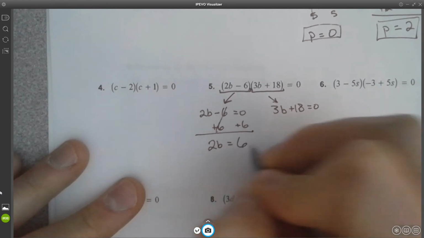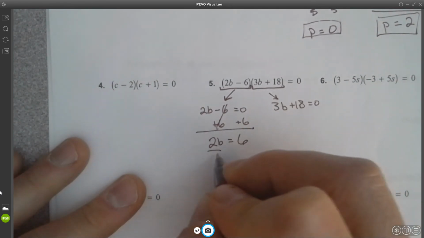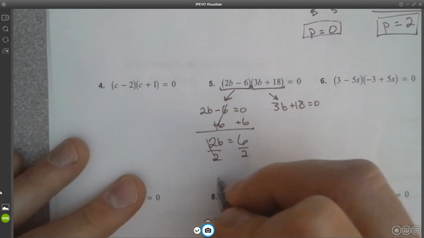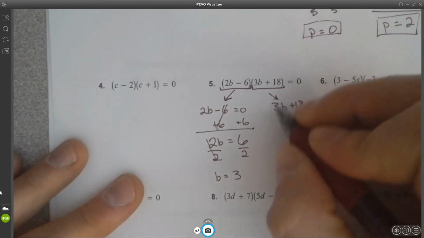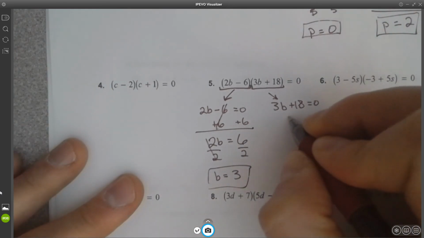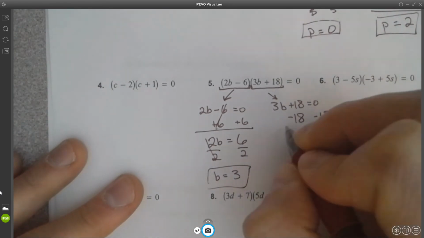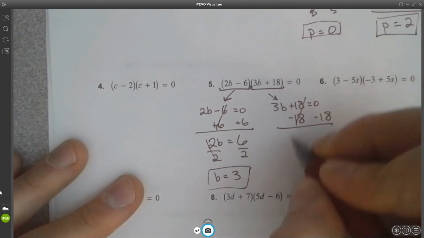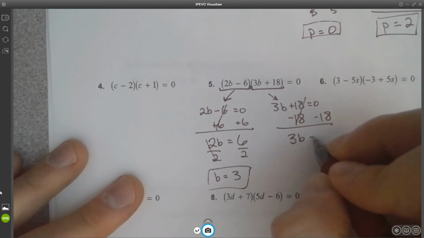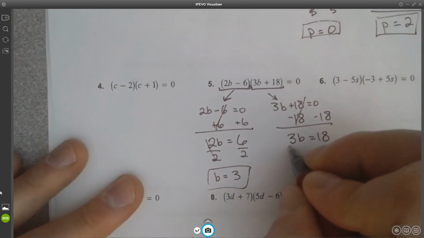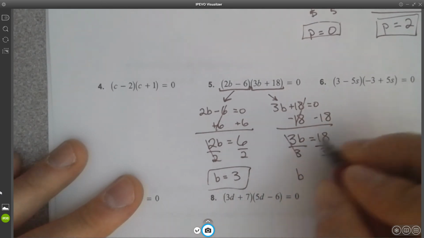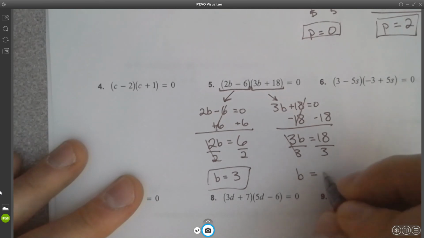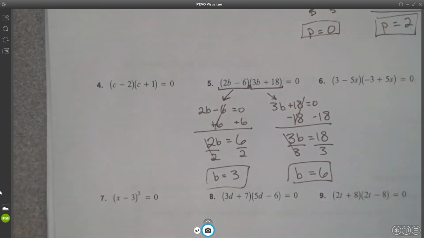Then I would have 2b equals 6, and my last step would be divide both sides by 2. So I end up with b equals 3. To solve the other one, first thing I would do is subtract 18 from both sides. Then I would end up with 3b equals 18. Divide both sides by 3, and b is 18 divided by 3, which is 6. So there's my two solutions for that polynomial.